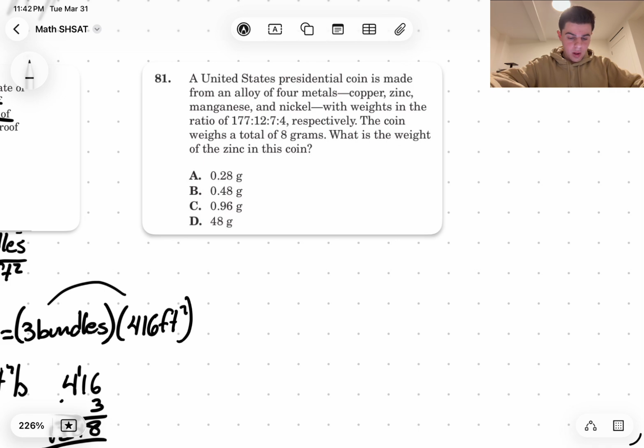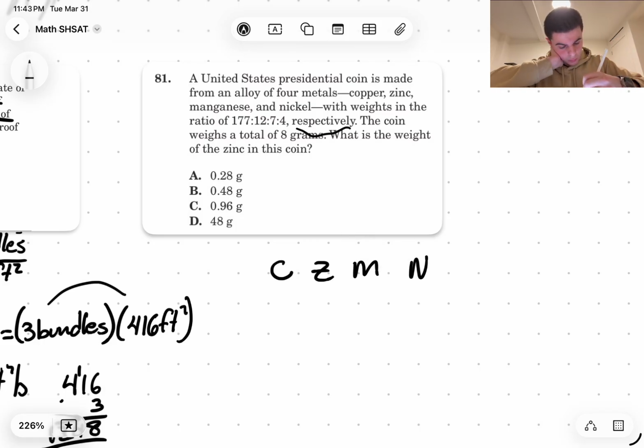So we know the ratios, right? Because it says respectively, we know that copper to zinc to manganese, which I'm going to write as M, to nickel is 177 to 12 to 7 to 4.